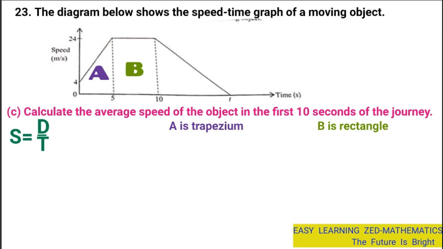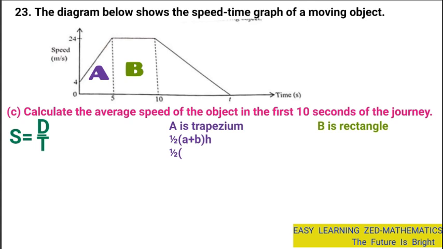What is the formula to find the area of a trapezium? The area of a trapezium is equal to 1/2 multiplied by (A plus B) multiplied by the height. So we write 1/2, then identify A as 4, that side there.